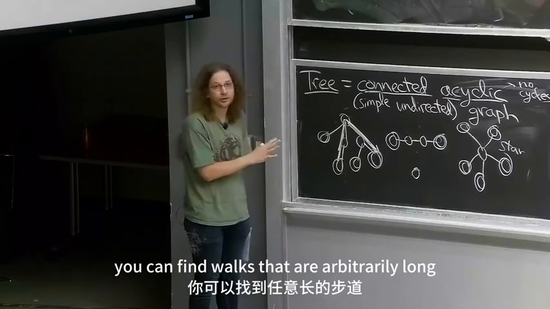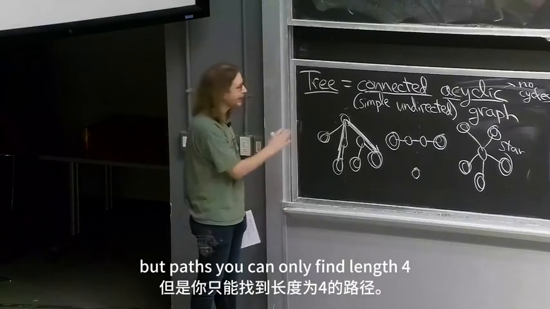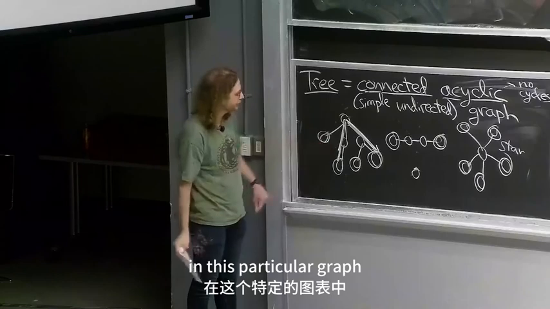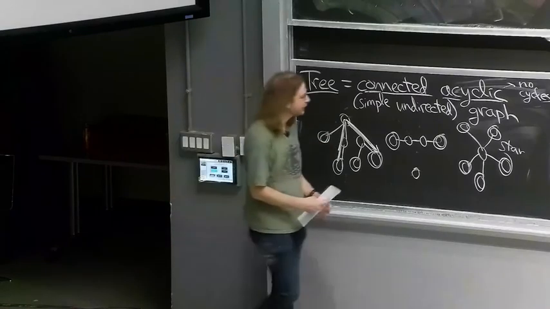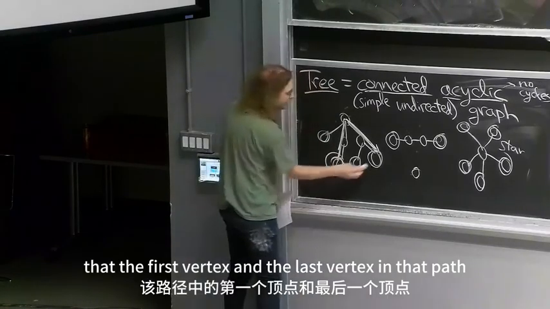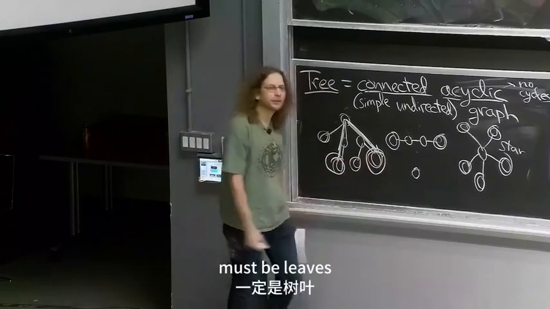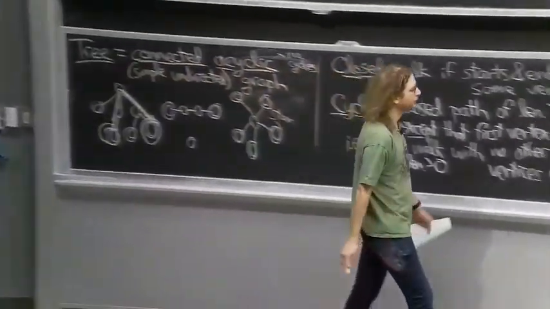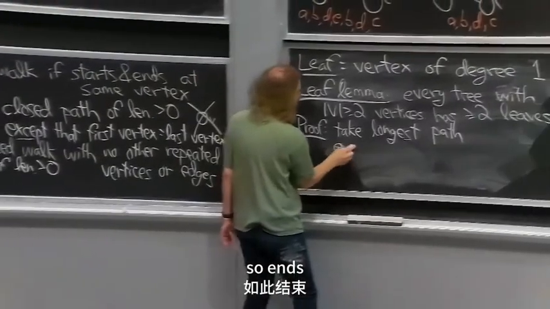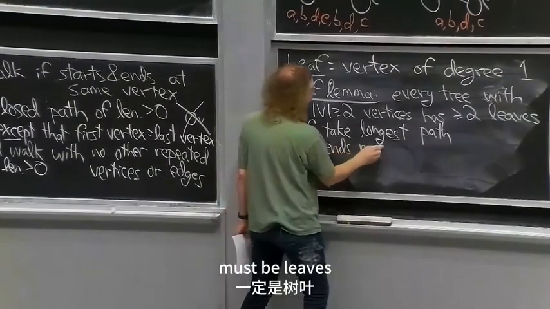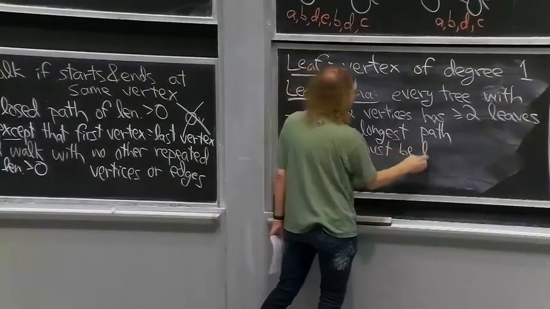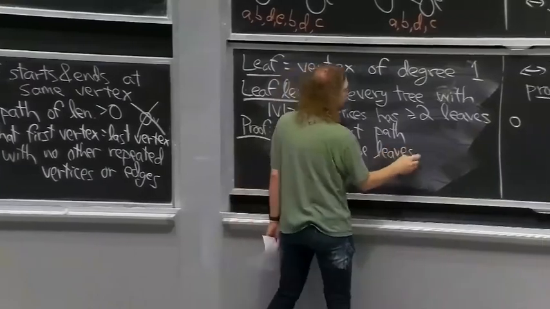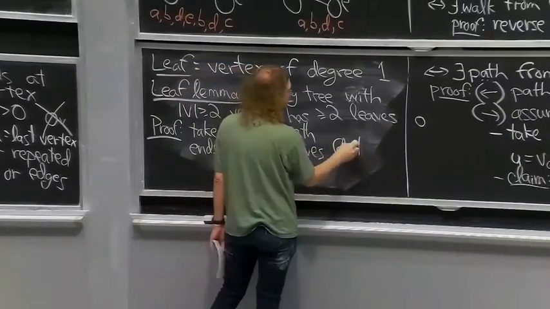You can find walks that are arbitrarily long, but paths you can only find length 4 in this particular graph. I claim that the first vertex and the last vertex in that path must be leaves. So ends must be leaves. And they must be distinct.